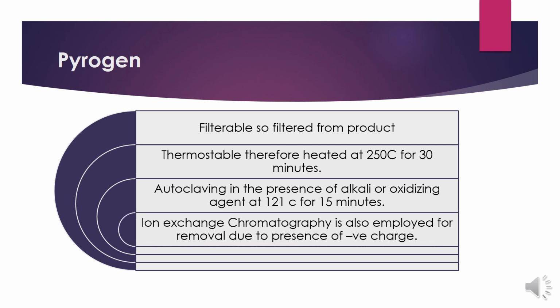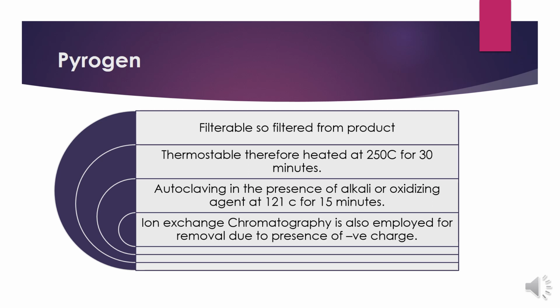Another method that is employed for the removal of pyrogens is ion exchange chromatography, because they have a negative charge on them, so they can be removed through this procedure that has both the anode and the cathode, and they are going to attract the respective charges.